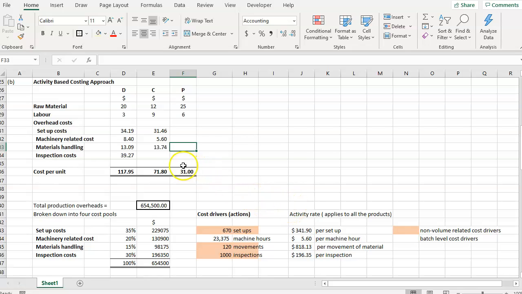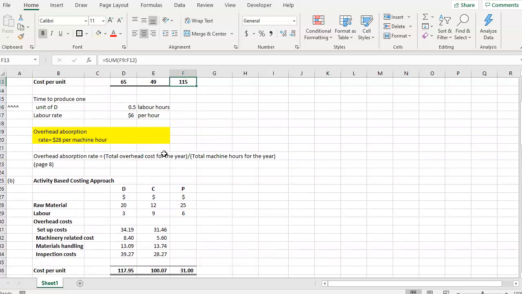And finally, inspection was $28.27. And again, there is a difference between the two costing methods. Traditional costing gives C a much lower cost, half of the cost. Can you imagine? Half of the cost, because the absorption approach is charging $100 as cost for product C.